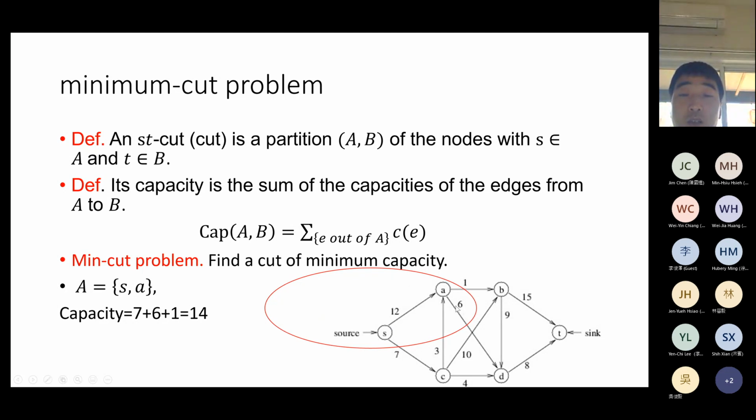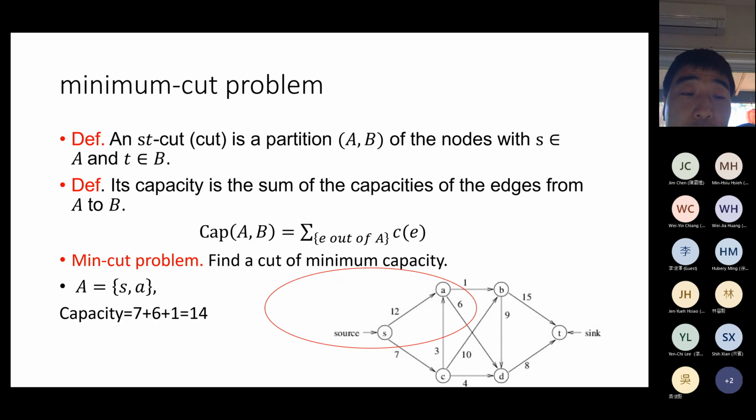For this little flow network, the min-cut is the cut with A equal to {S, A}. You can compute that the outgoing capacity is 7 plus 6 plus 1, because the 12 is not included, since 12 is inside A. 7 is outgoing, 1 is outgoing, and 6 is outgoing. So it is 14, which is smaller.